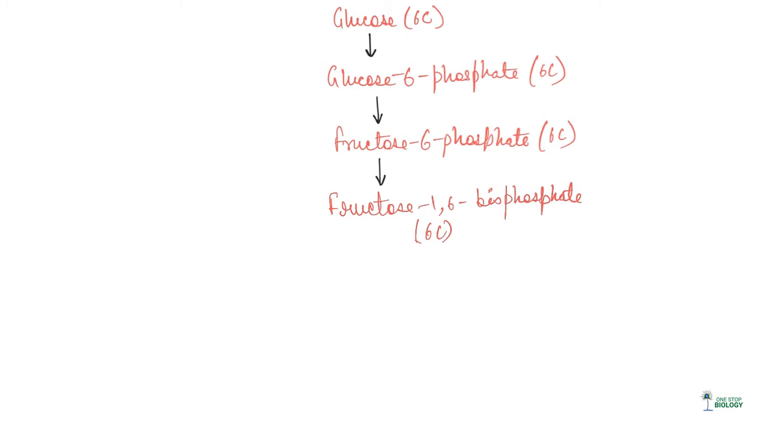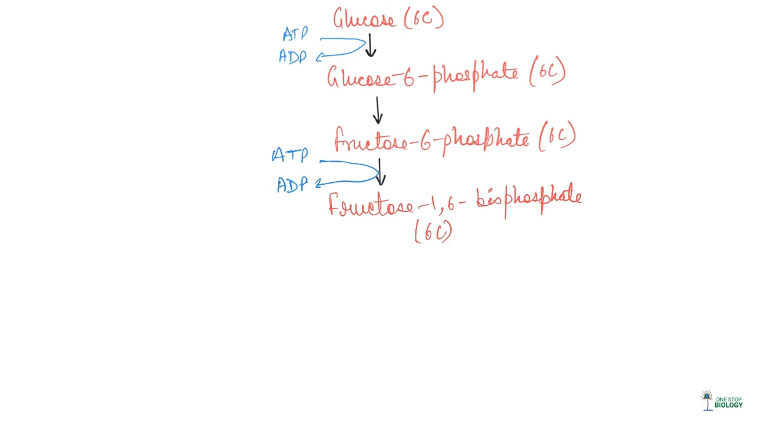Here, guys, it is very important to note that ATP will be utilized at two places. First, when glucose is converted to glucose 6 phosphate, we are utilizing an ATP and it is getting converted into ADP. And then when fructose 6 phosphate gets converted to fructose 1,6 bisphosphate, again 1 ATP is utilized, right?